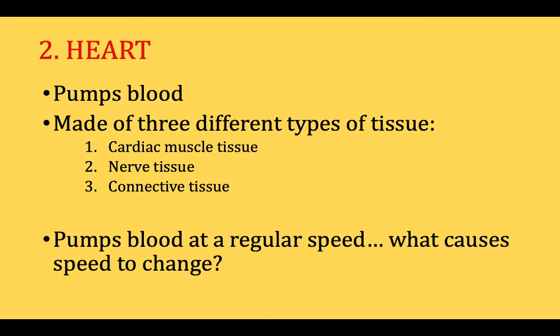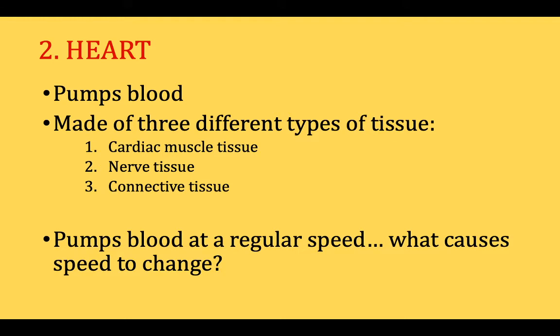So our heart pumps blood at a regular speed usually. What causes the speed to change? So think about what some of the things you might be doing when your heart rate, or the rate at which blood is pumped from your heart, changes. The most obvious example would be when you're doing some sort of physical activity, right?